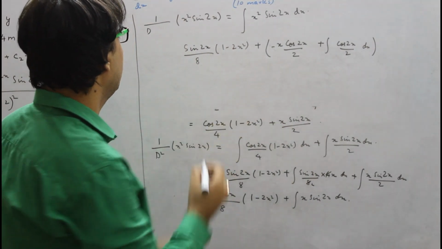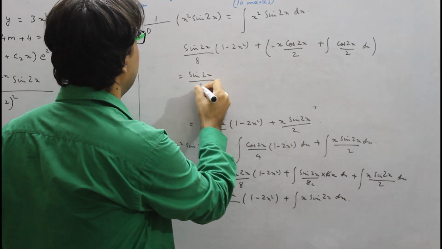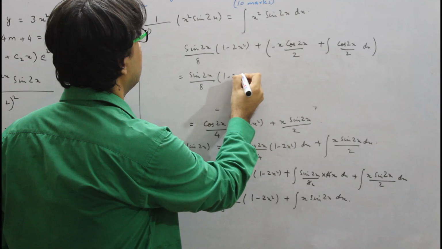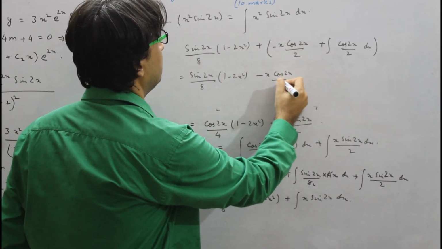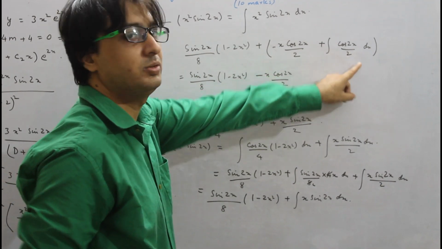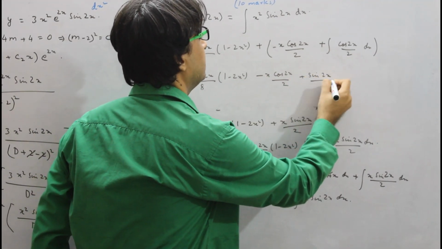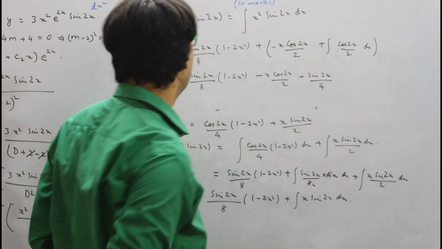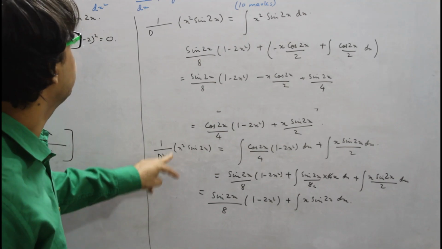So you can write this as sine 2x divided by 8 into 1 minus 2x square, x cos 2x divided by 2, and the integral of cos 2x can be written as sine 2x divided by 4. So we have got here the value for this one.